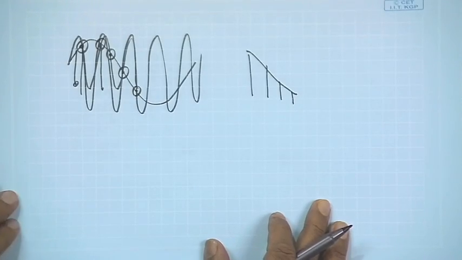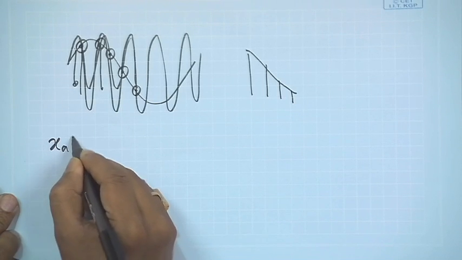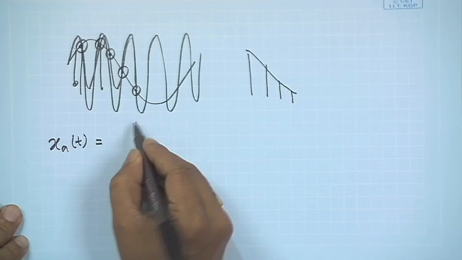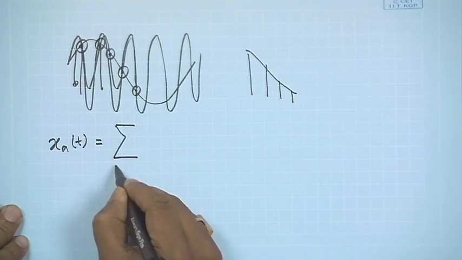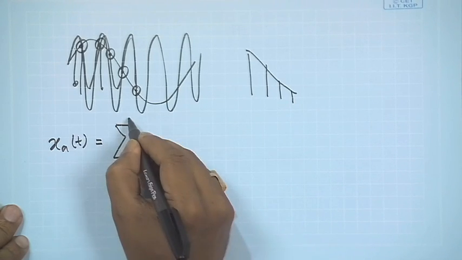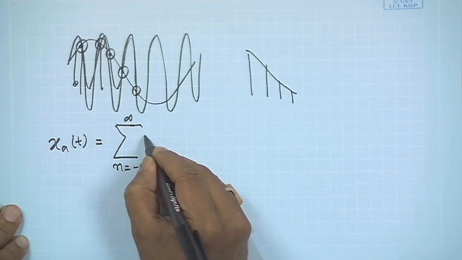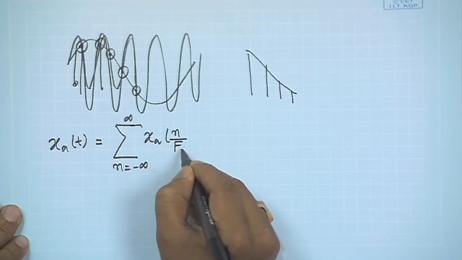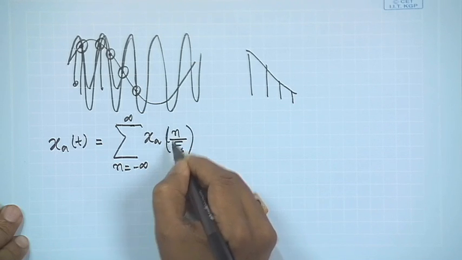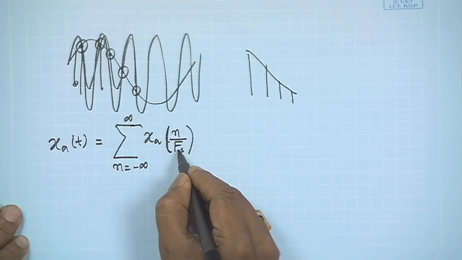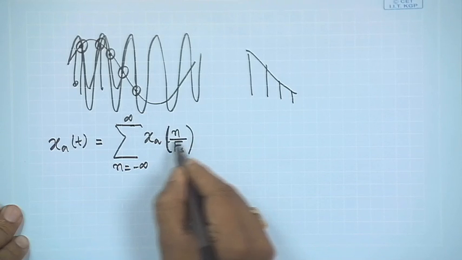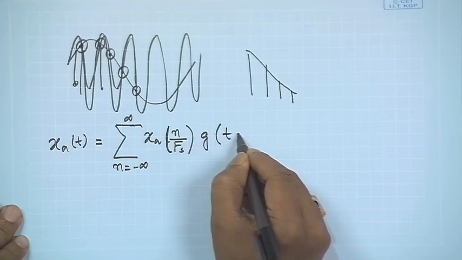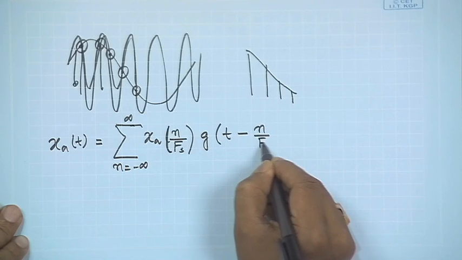In this case, x a of t, that is the analog signal that you have, can be expressed as the sum over n from minus infinity to plus infinity of x a of n upon f s, because 1 upon f s is T. So, basically x a of n T times g of t minus n upon f s.